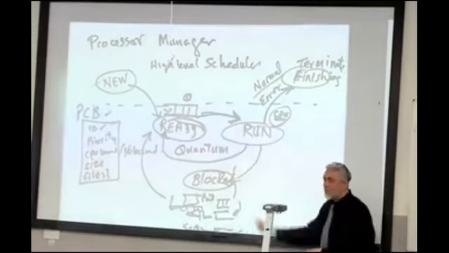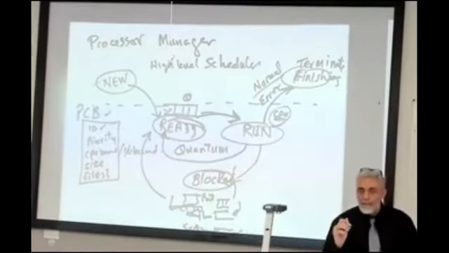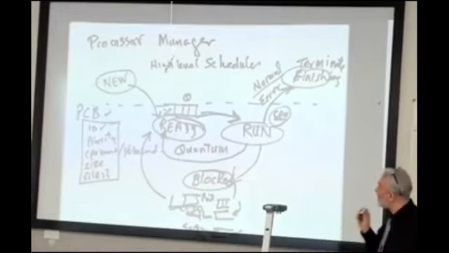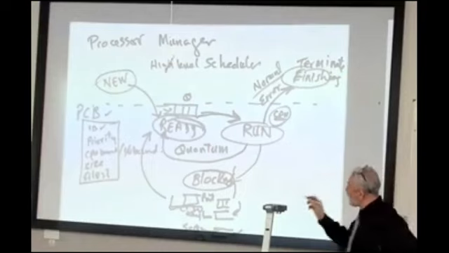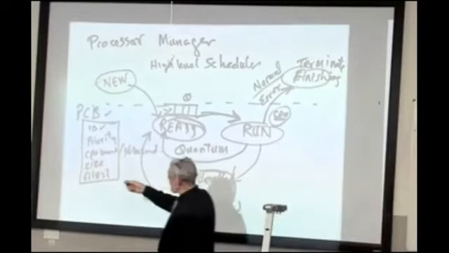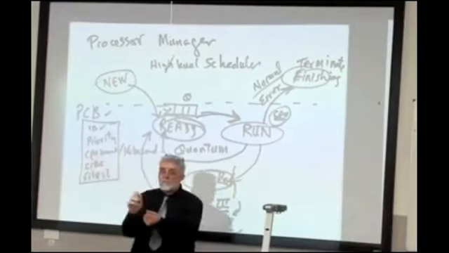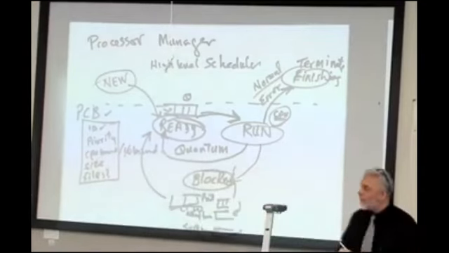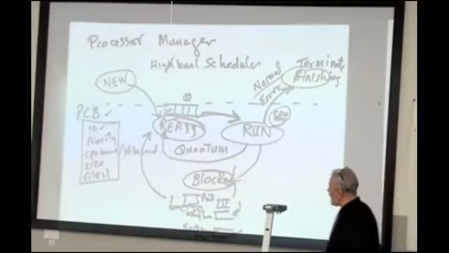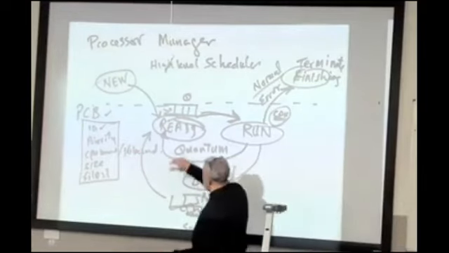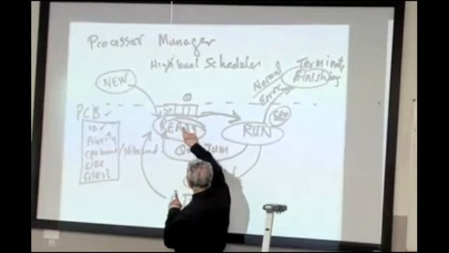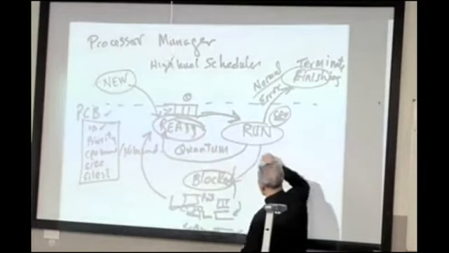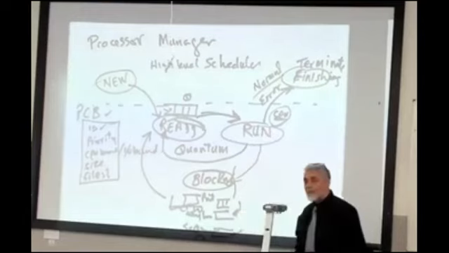And then every time it goes to the CPU, the schedulers will write in the PCB what time it got to the CPU and what time it left it. So they keep totaling up all the different times: the time it was in the blocked state, the time it was waiting for the CPU in the ready queue or ready state, and the time it spent in the CPU.